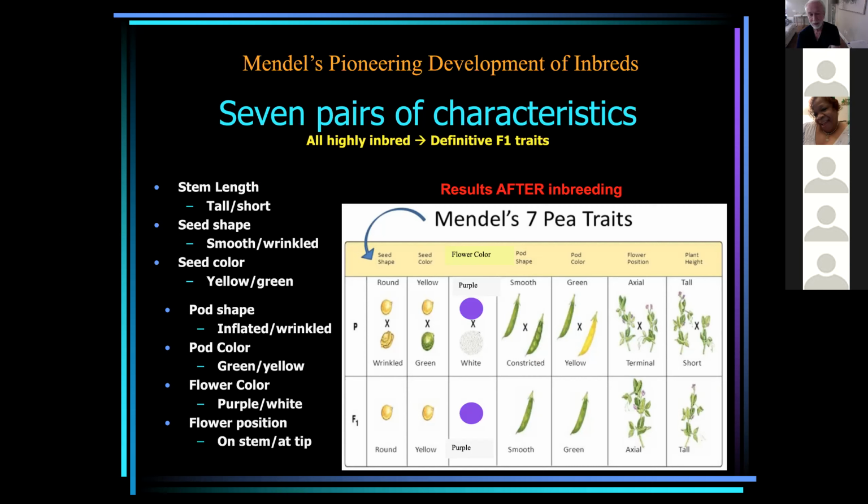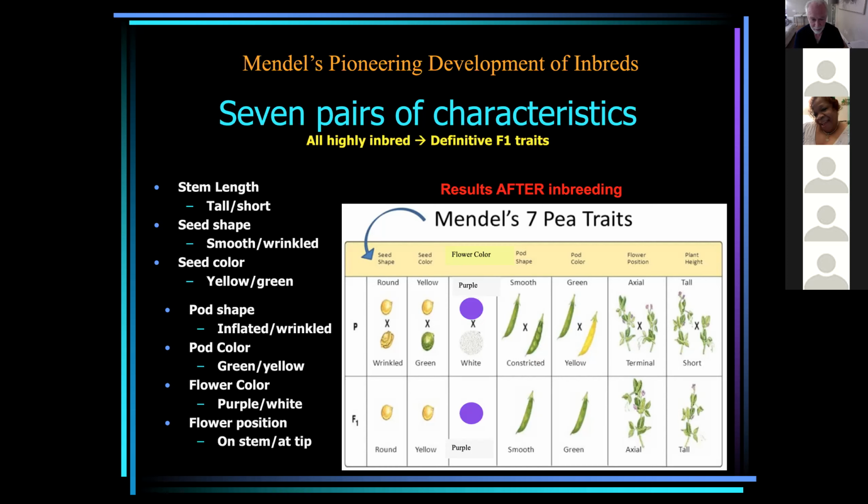The more you inbreed, the more completely homozygous the individual is. If you do the math, if you start with 2 parents that are completely heterozygous, by the time you get to 6 generations, they're 99.9999% homozygous.